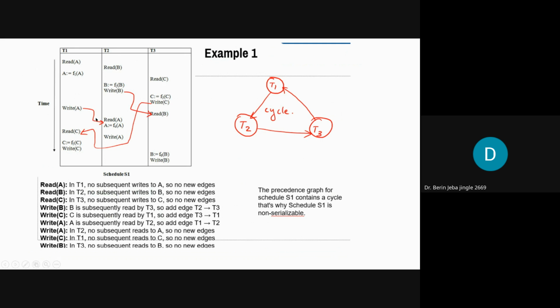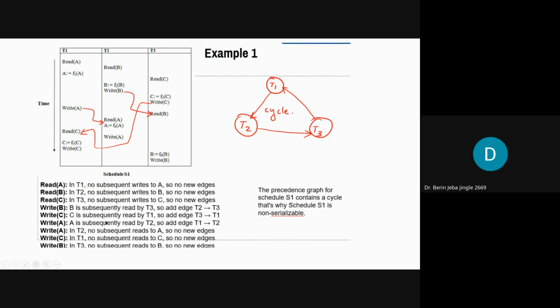Again, when we take the write C operation, after executing write C, this C is used by transaction T1, which uses C for read.